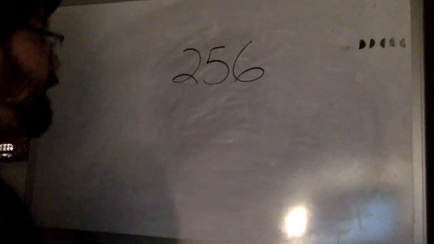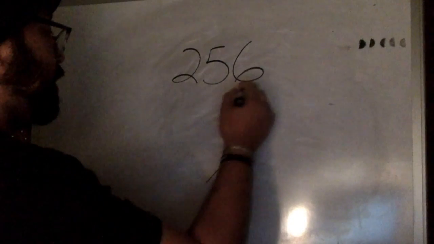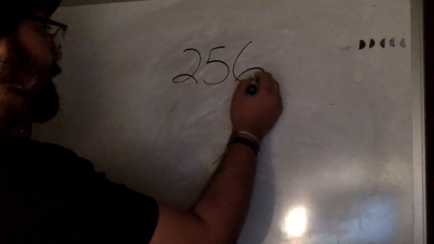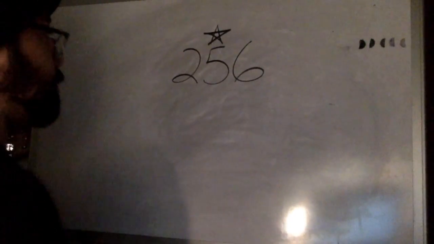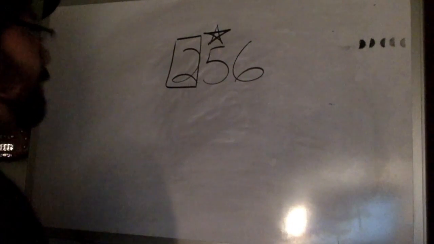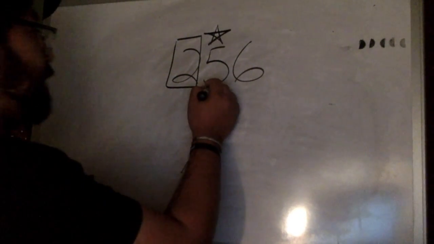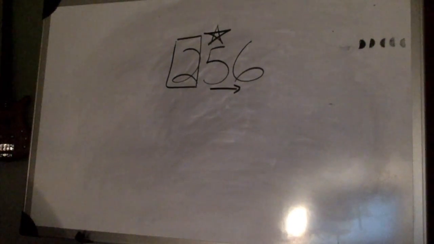256 to the nearest 10. Once again, find Cinderella. We're looking for the ones and tens. Give Cinderella a crown. The royal family, you cannot touch the royal family. Find Cinderella again, look next door. Her sister is 5 and above or 4 and below?